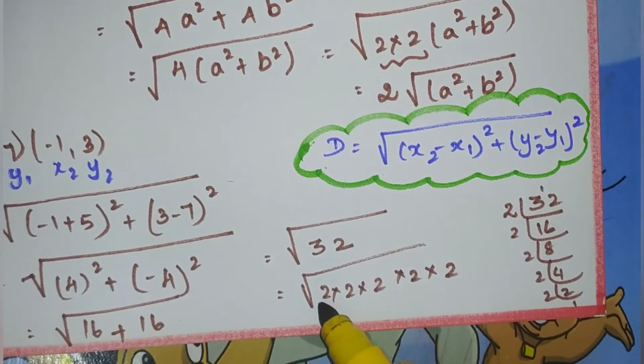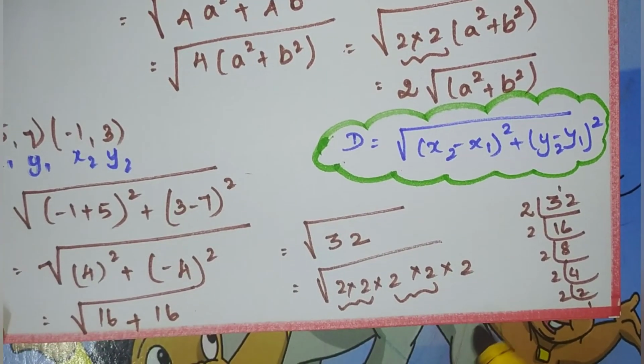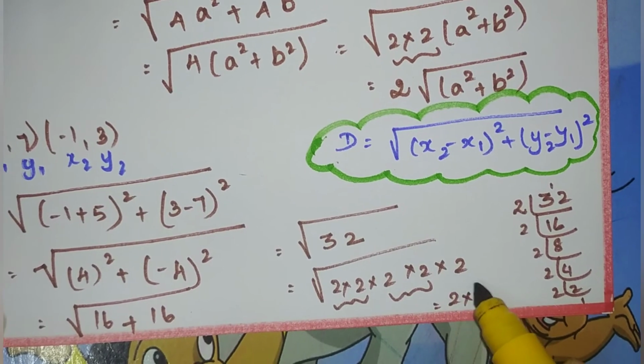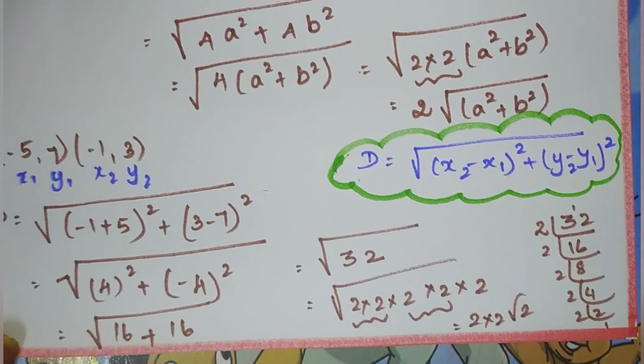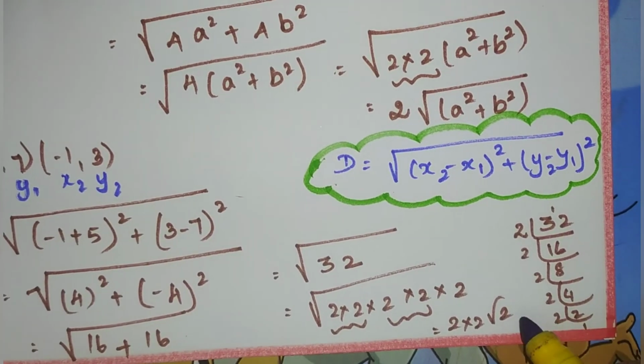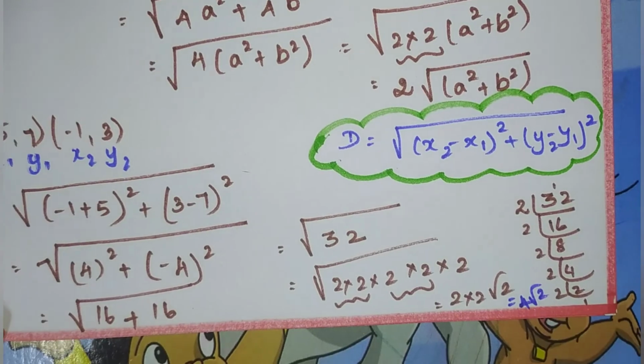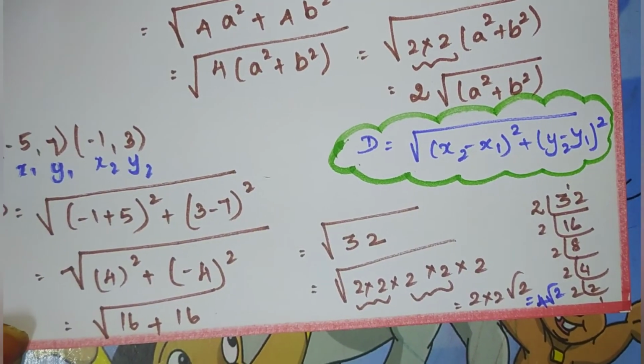Totally five 2's. From these we can take 1, and from these we can take 1. So 2 into 2 root 2. So the answer is 4 root 2.